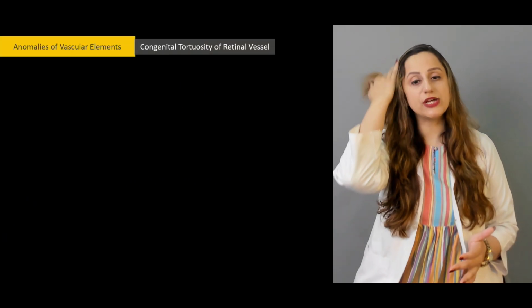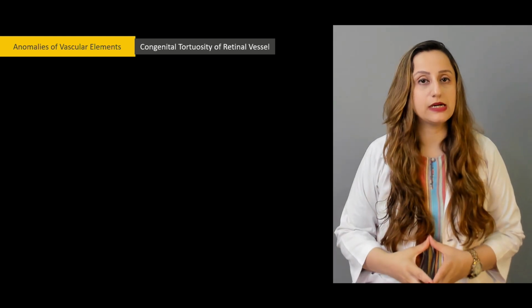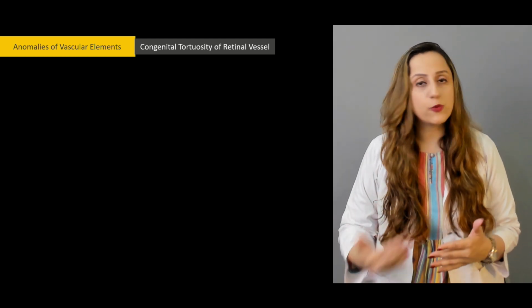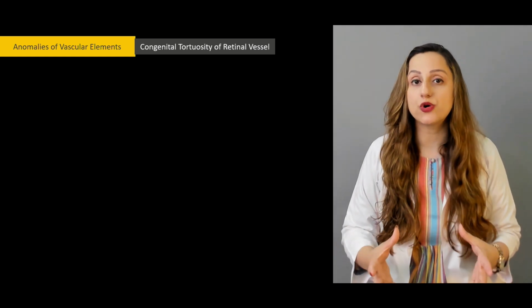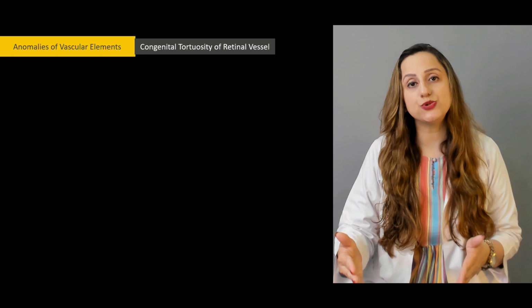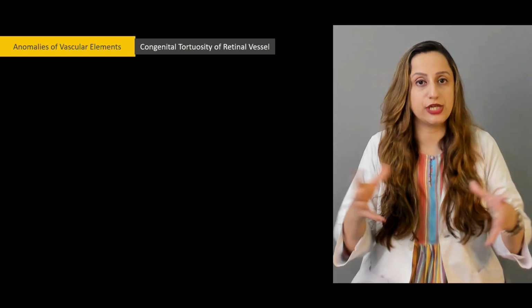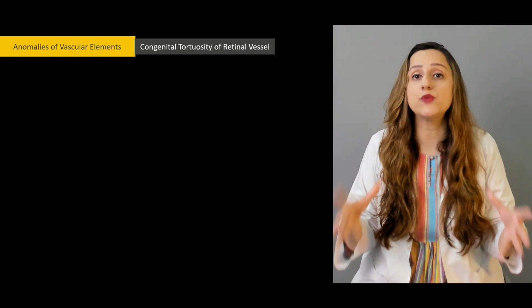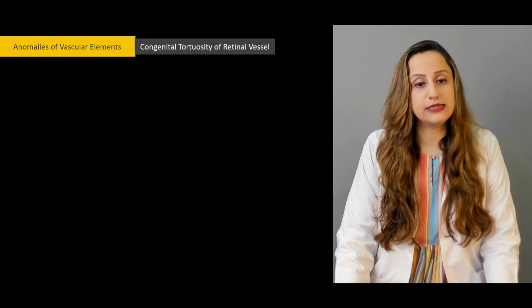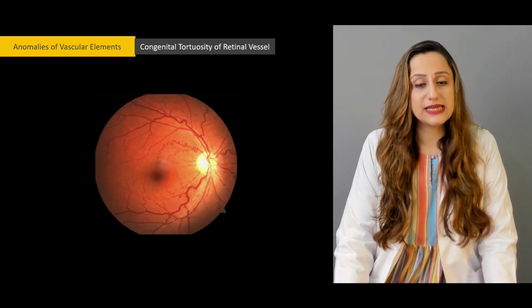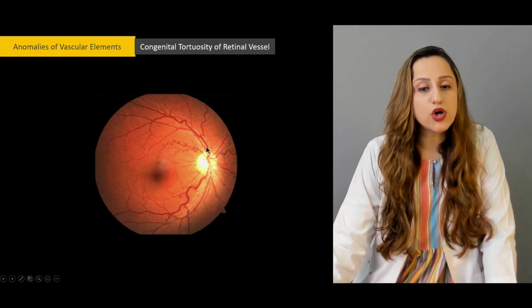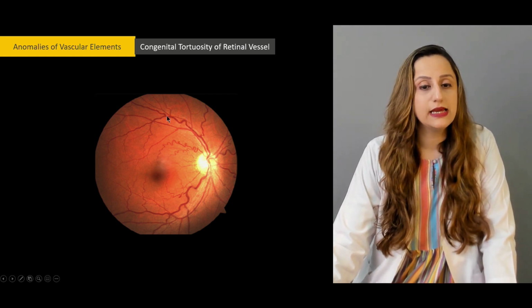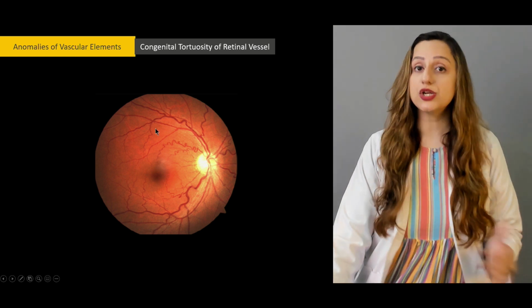Then we have the congenital tortuosity of the vessels. The vessels are sometimes accentuated, they are sometimes quite tortuous, so you should know how to distinguish the normal vasculature of the retina from any abnormal vasculature in the retina. As you can see over here, it's not a normal vasculature. There is a lot of tortuosity seen in these vessels, which is not quite normal.